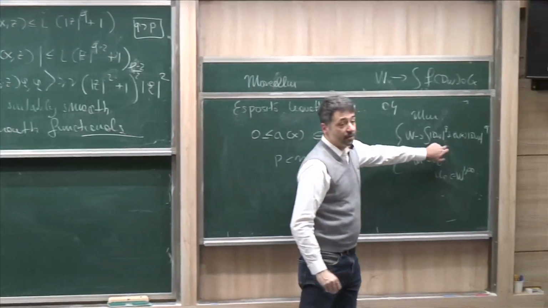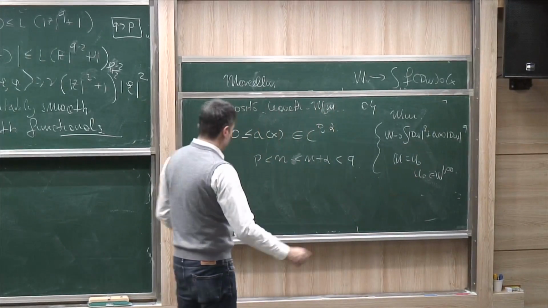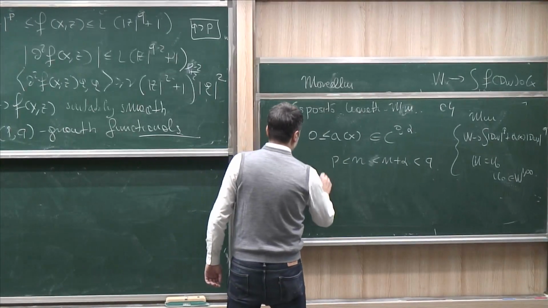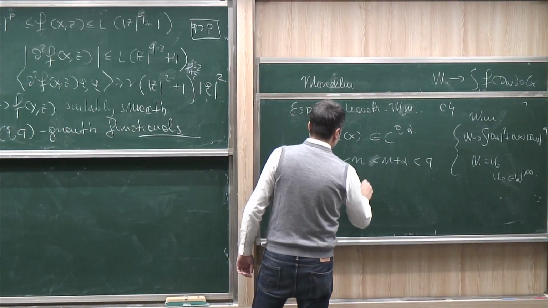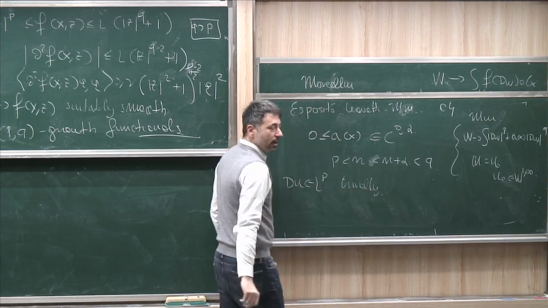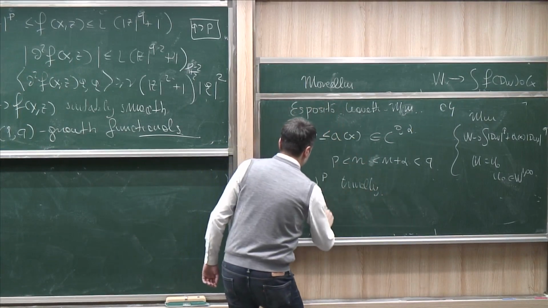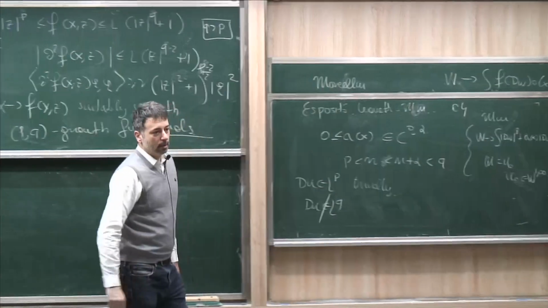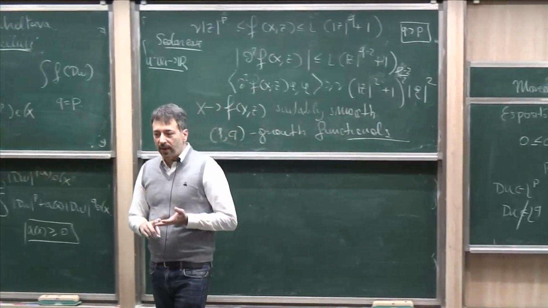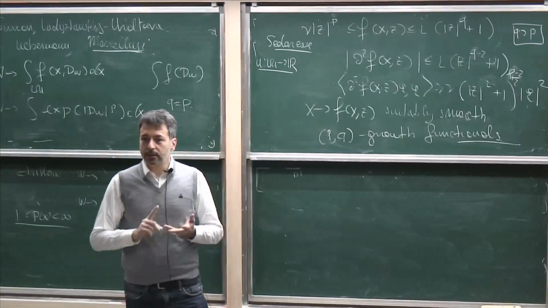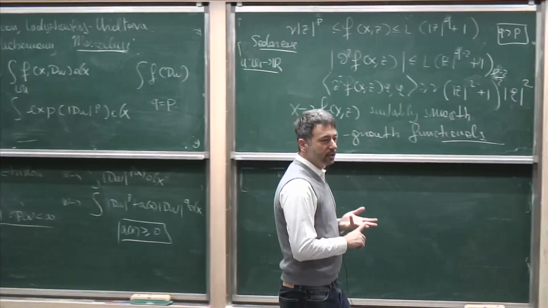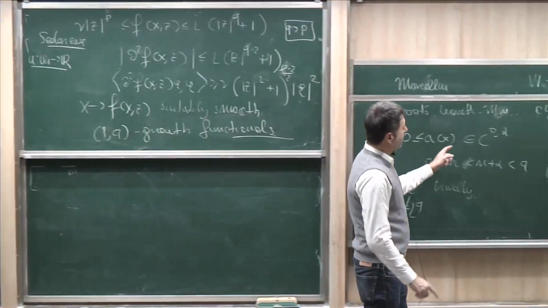The solution is obviously in W1P, so the gradient is in LP trivially, because you are minimizing the energy, but the gradient fails to be in LQ. So this means you have a convex, very regular scalar variational integral with a very good coefficient.